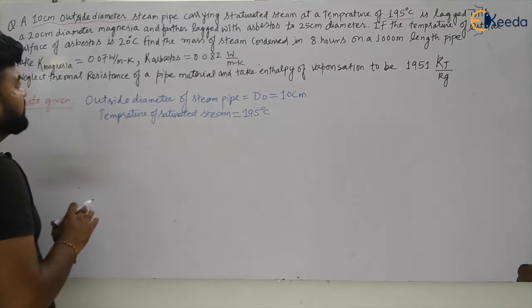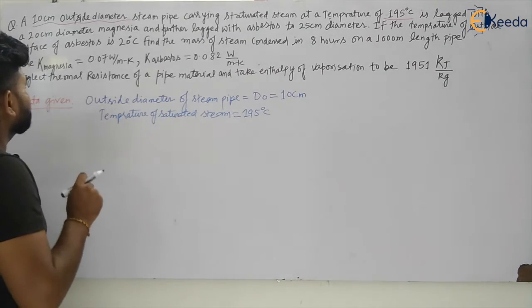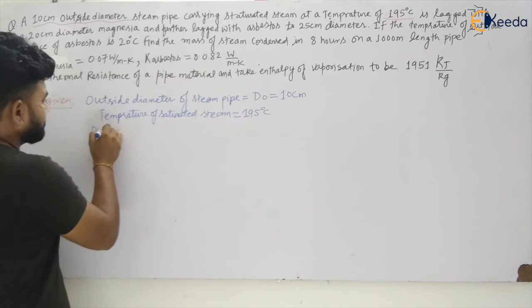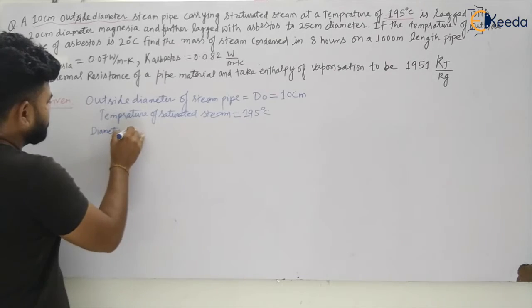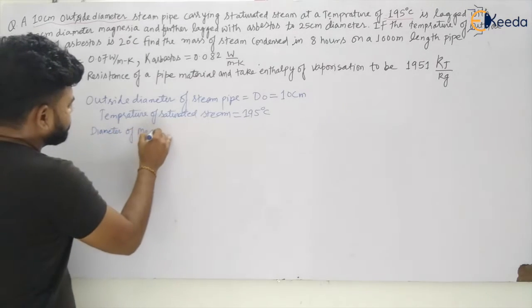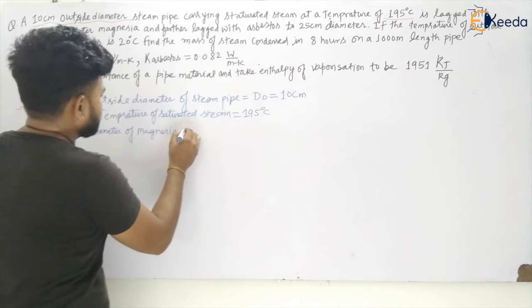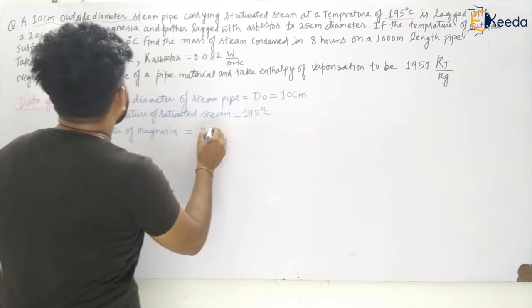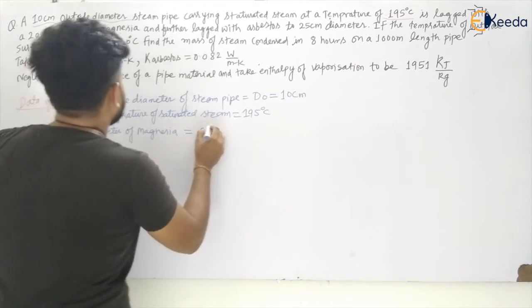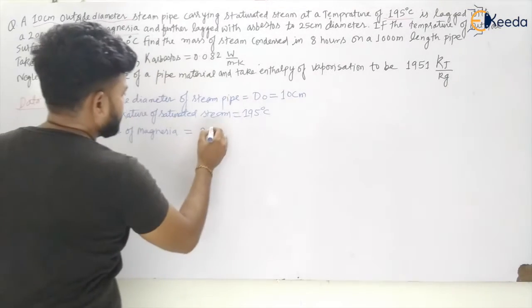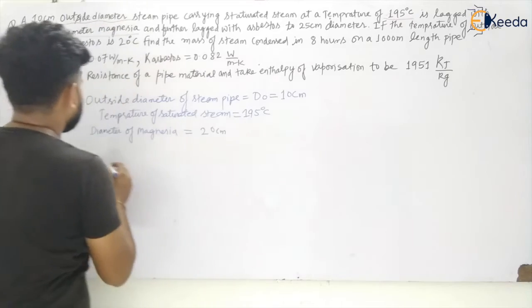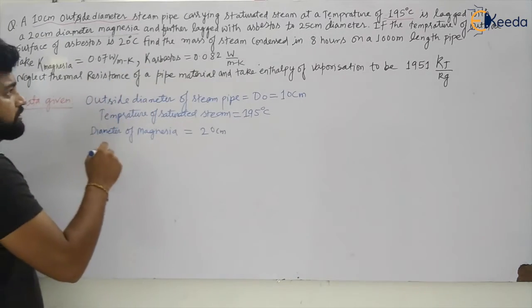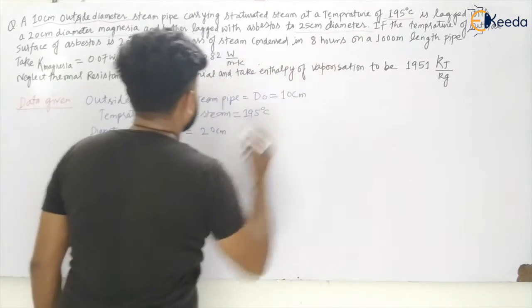So the diameter of magnesia is given to be 20 centimeter, and further lagged with asbestos to 25 centimeter diameter.